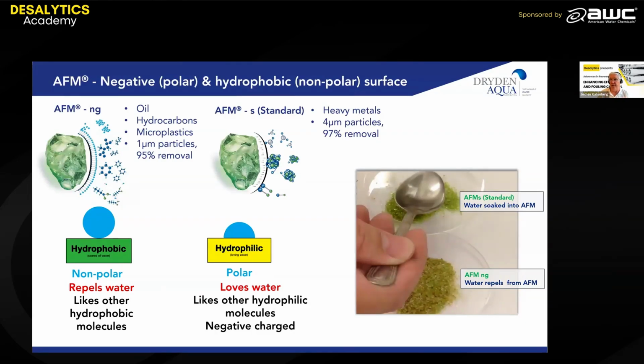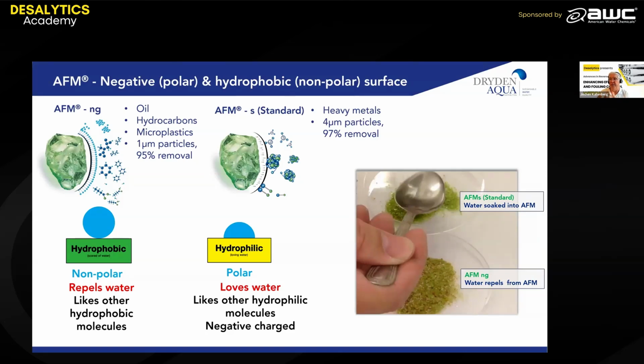Then we have two different types, AFM-NG for new generation and AFM-S for standard. These have been developed for different purposes other than standard filtration performance and being bioresistant. These two differences make a difference in where you may use one or the other product.